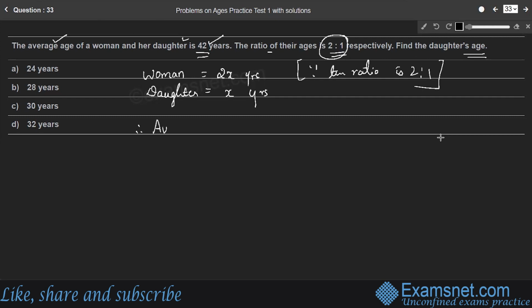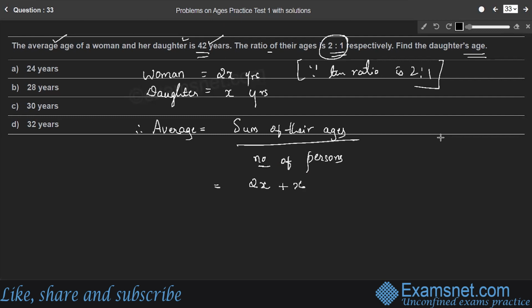Therefore, the formula says average is the sum of their ages divided by the number of persons. Here, the woman is 2x years old, her daughter is x years old, divided by 2 persons. And the average of their ages is 42 years.